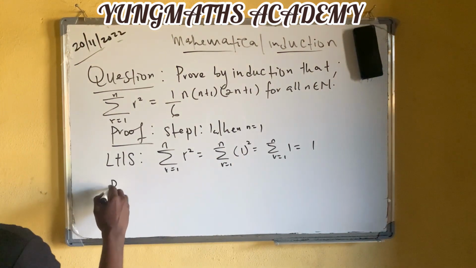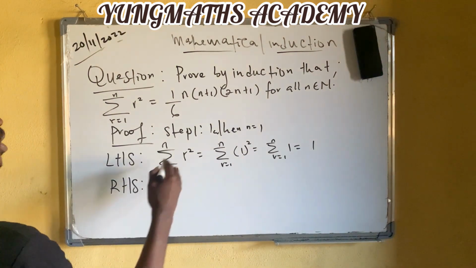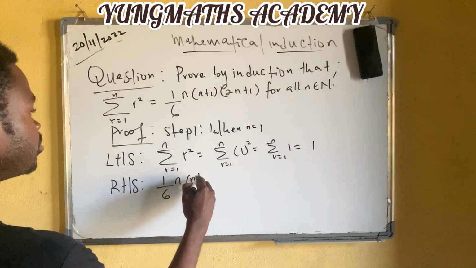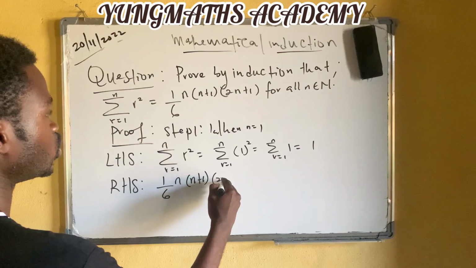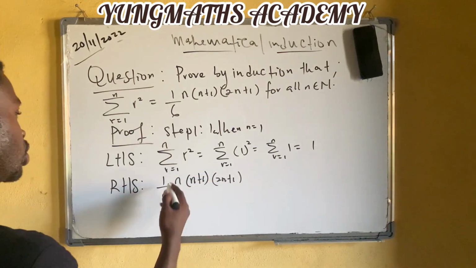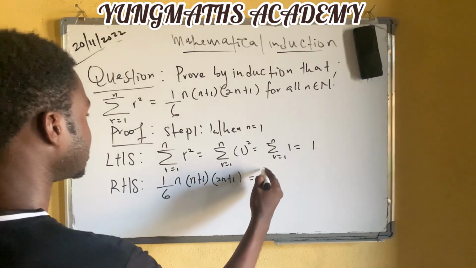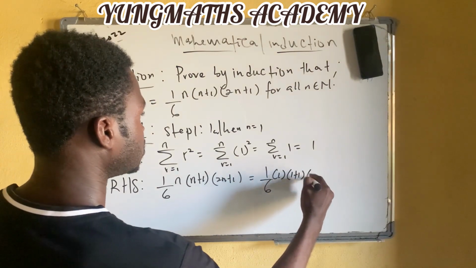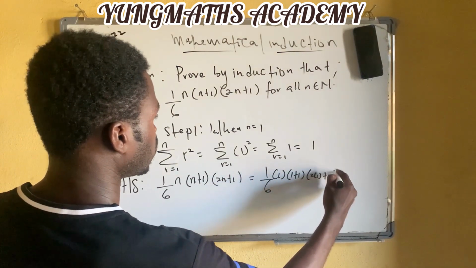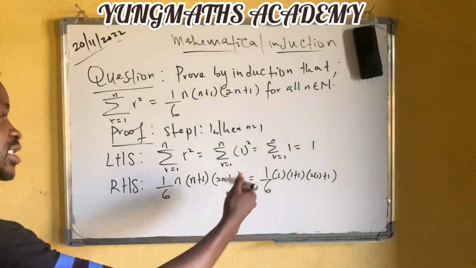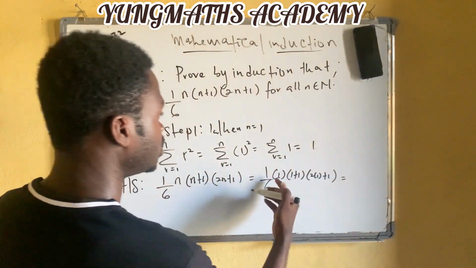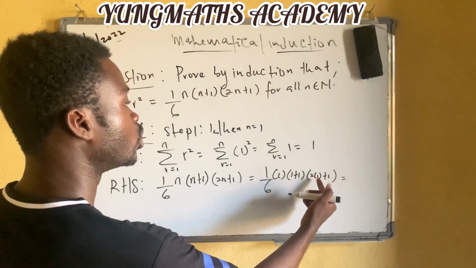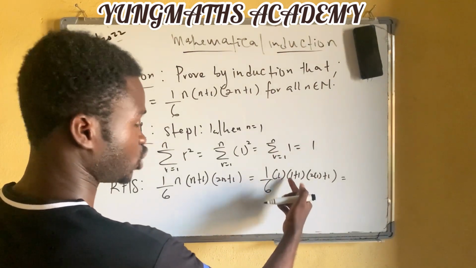Okay, so right hand side, we have 1 over 6 times n, n plus 1, 2n plus 1. So I'm substituting 1 for n here. That means I have 1 over 6, 1 plus 1, 2 into 1 plus 1. So 1 plus 1 is 2, 2 times 1 is 2, plus 1 is 3, 3 times 2 is 6.